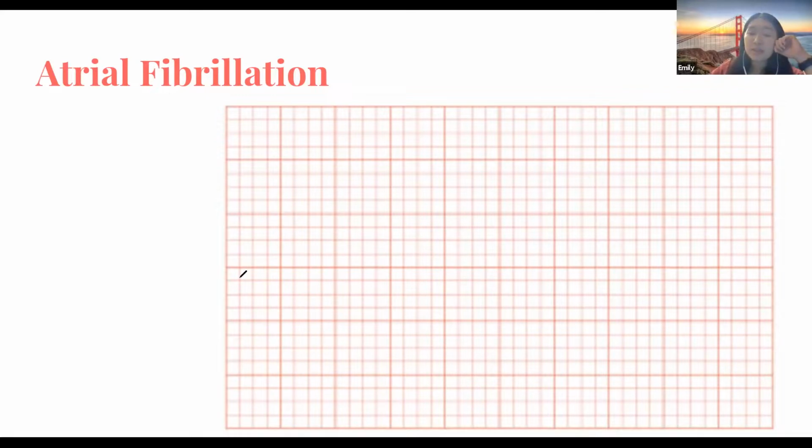So what do we think is going to happen to the EKG here? Do we think it's going to look really irregular too?